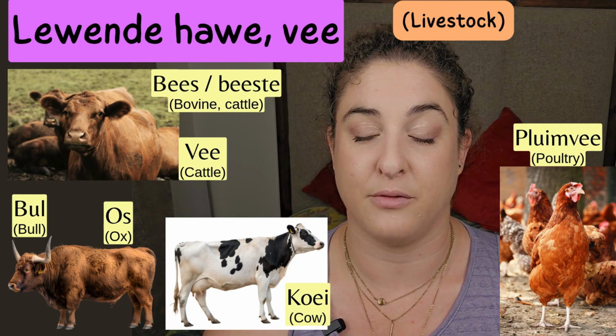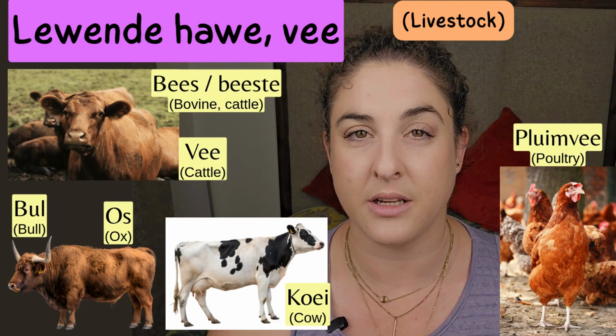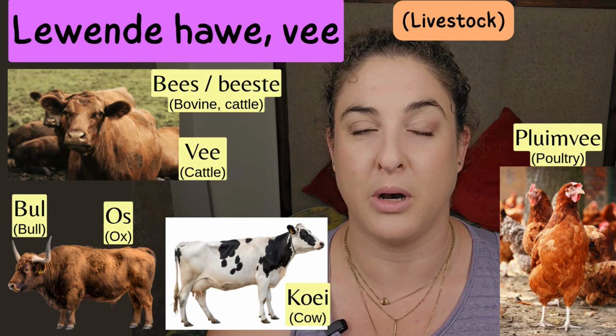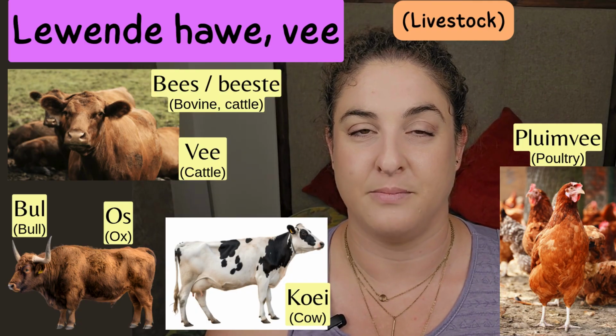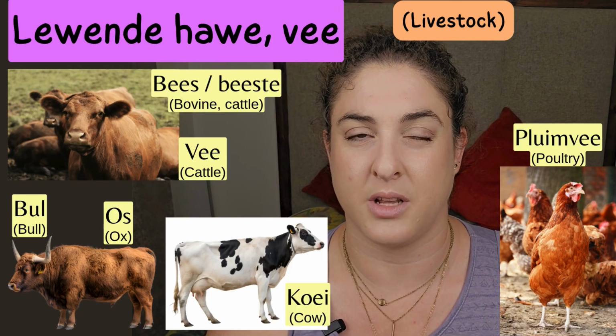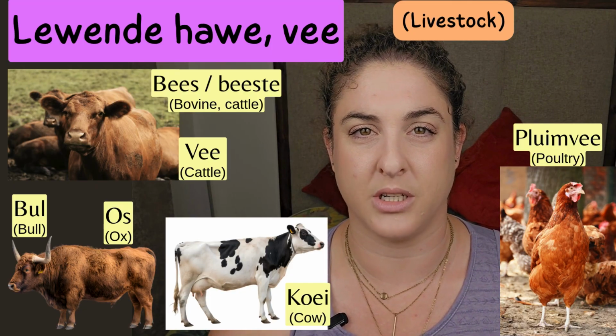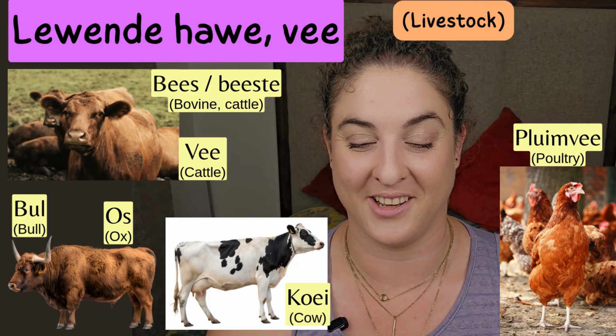So over there we have bees, and the plural beeste, which means bovine or bovines, or simply cattle. You hear us use beeste a lot. I think that will be the major word we use in relation to anything cow-like or bovine-like.